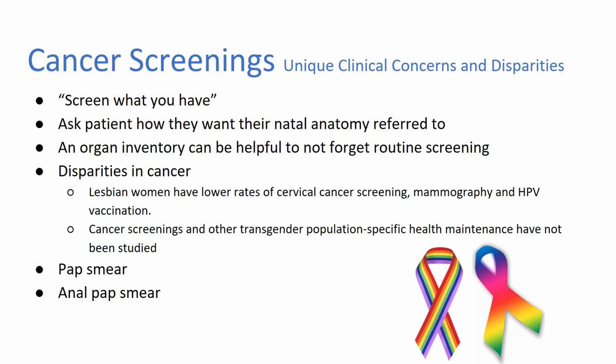And there's a misconception that you have to have receptive anal intercourse to have anal cancer, and that's not true. While there are no national guidelines on who should have an anal pap, several medical societies have guidelines in place that recommend annual screenings for patients who are HIV positive and if the patient has had HPV in the past.